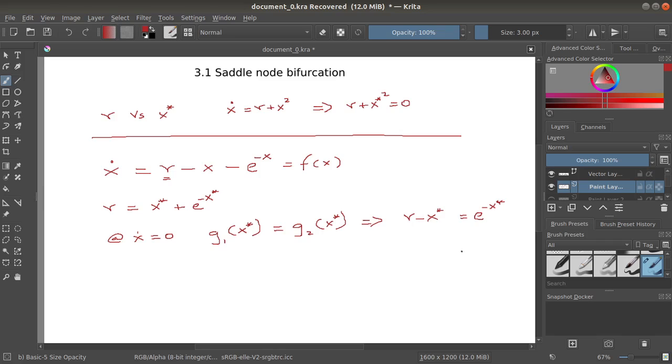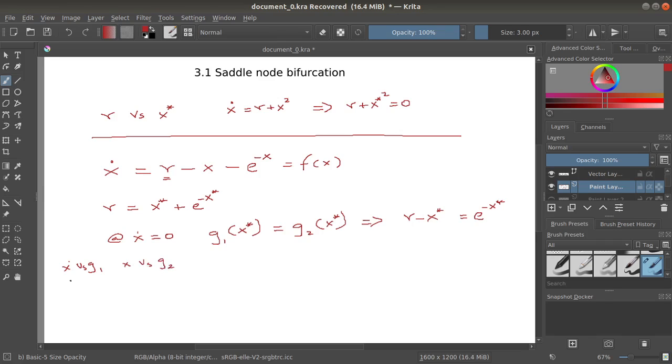So what I'm going to do is plot these two things separately. I'll plot x versus g1 and x versus g2.